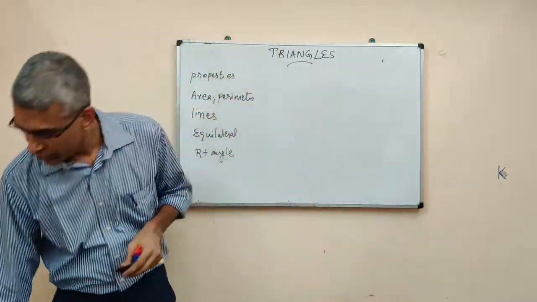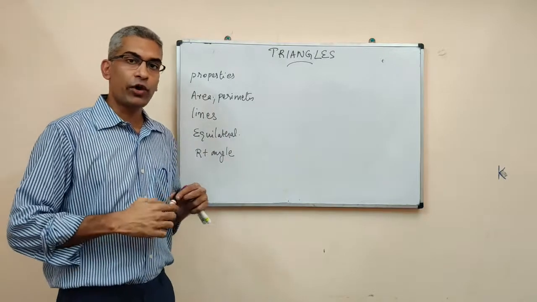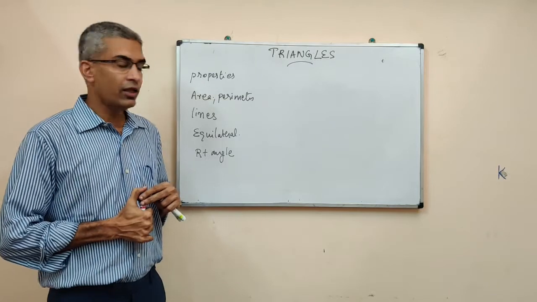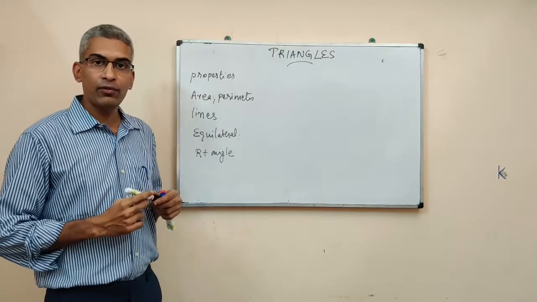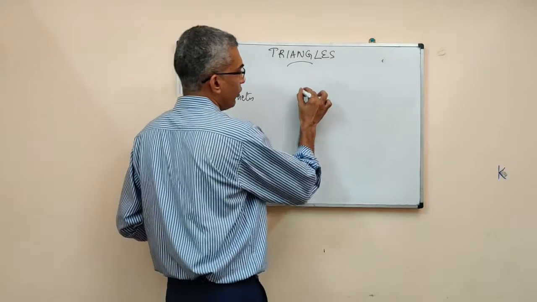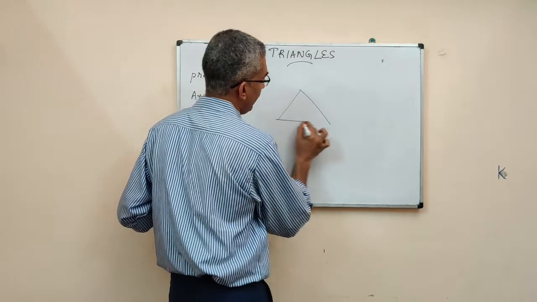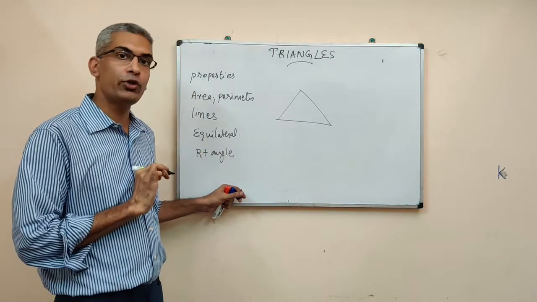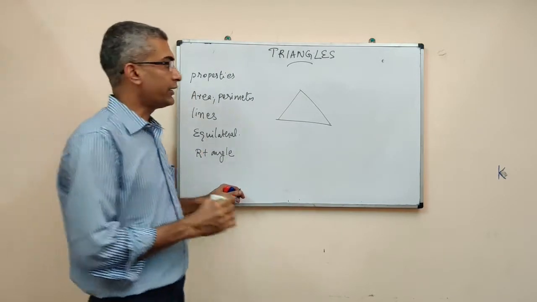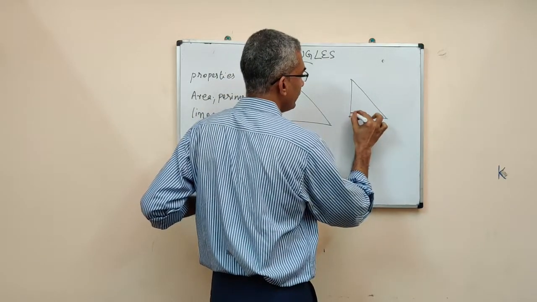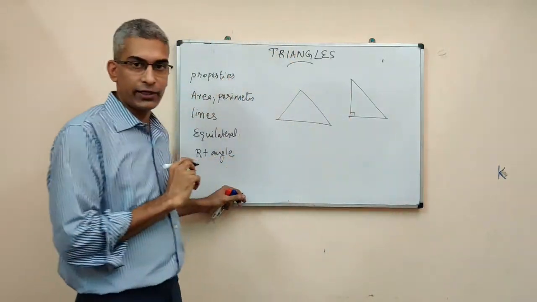Now, based on the sides or angles of a triangle, we can classify triangles in different ways. If I look at it from the angle viewpoint, a triangle where all the angles are less than 90 degrees is called an acute angle triangle. A triangle where one angle is 90 degrees is called a right angle triangle.